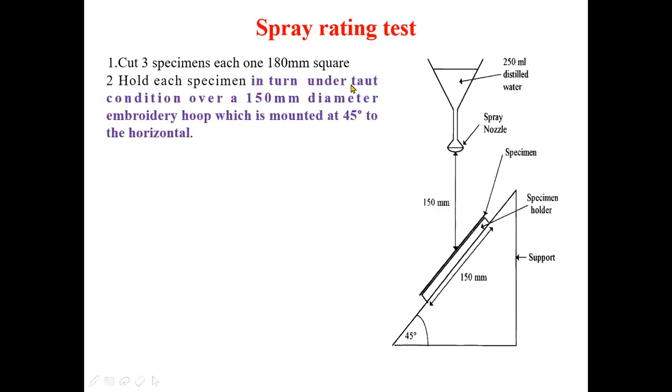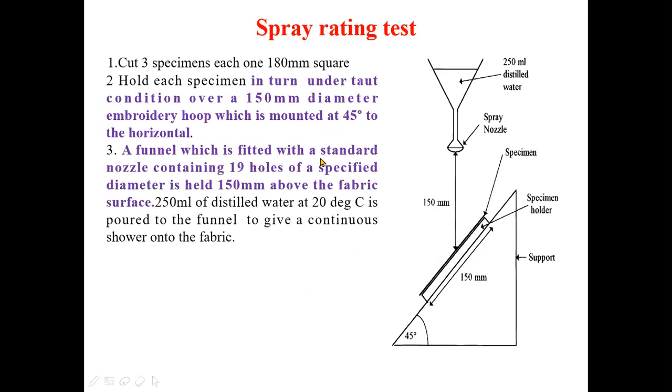Hold each specimen in turn under taut condition over a 150 millimeter diameter embroidery hoop, which is mounted at 45 degrees to the horizontal. As I have already told you, this distance is 150 millimeter, and also the diameter of the embroidery hoop on which the specimen will be mounted under taut condition.